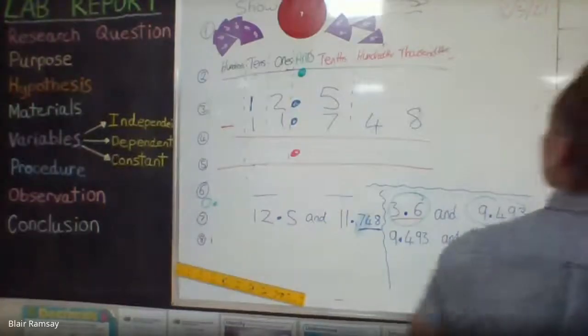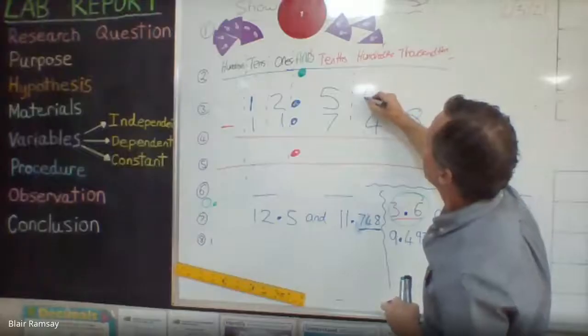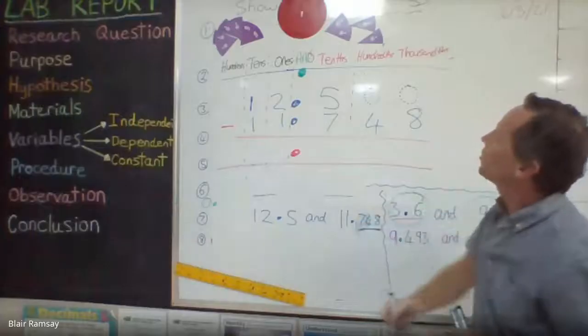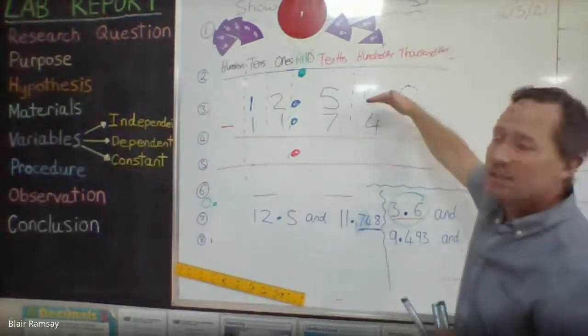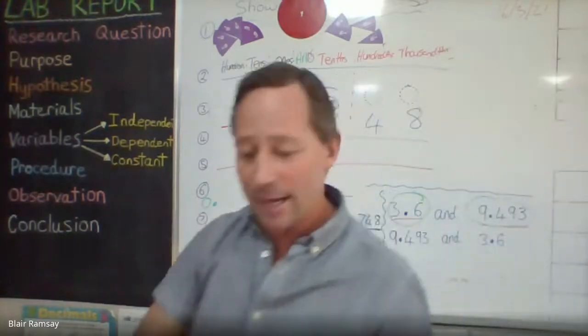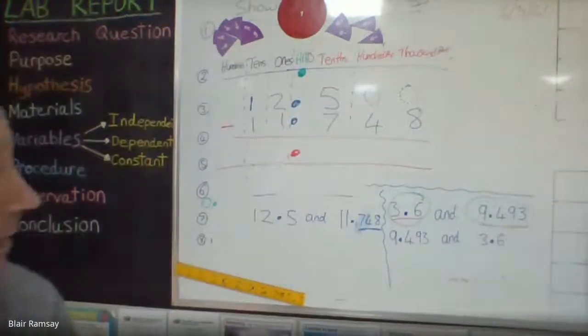You put the zeros next to the 5, one under the hundredths and another 0 under the thousandths. They are sort of like placeholders, and they help you solve these ones.